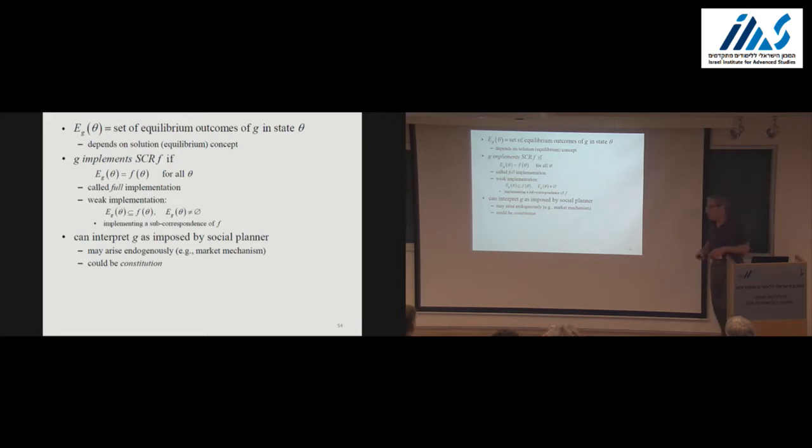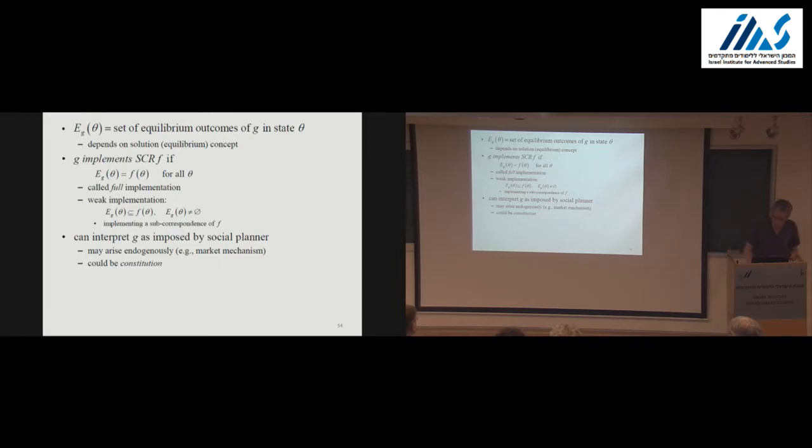We can think, as I was suggesting earlier, of G as being chosen a priori as the constitution for society. So in advance of a country actually existing, the founding fathers and mothers can choose a constitution which will determine how the country is run politically.